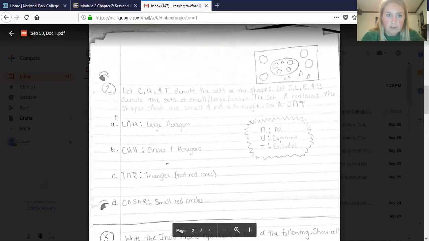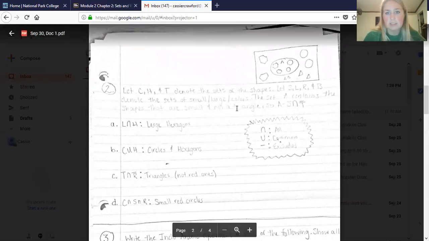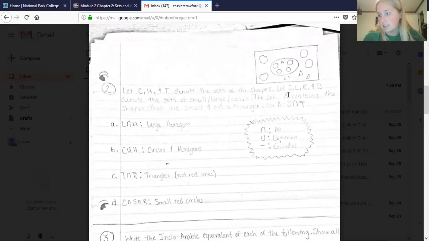And for our first one, for A, as you can see, they're going to be large hexagons, and you can't really see color just because of the way it scans, but in the problem it states that C, H, and T denote the sets of circular, hexagonal, and triangular shapes, and S, L, R, and B denote small, large, red, and blue.